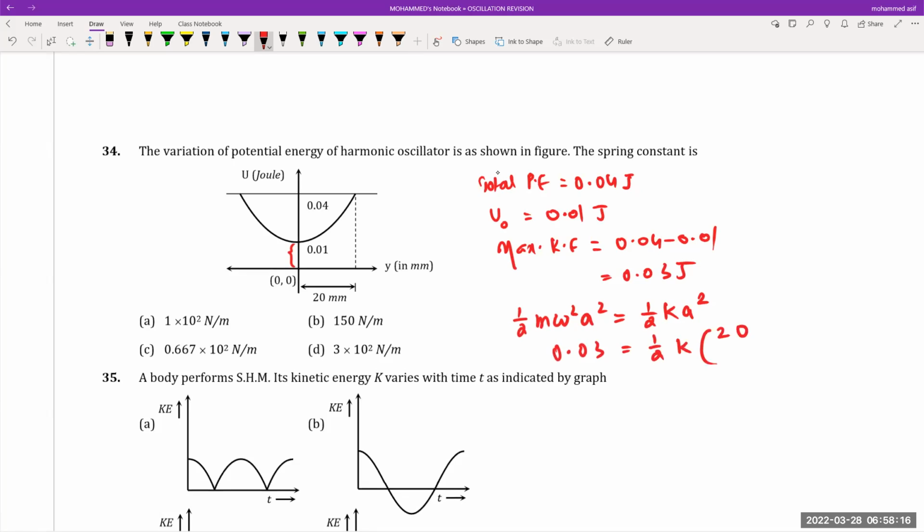So A is given for me as 20 mm, so it is 20 divided by 1000 का whole square. तो उसमें से we can get the value of k. तो k की वैल्यू निकालो, you'll get the answer. यानी कि 2 into 0.03 मतलब 0.06 आ जाएगा, divided by 4 into 10 to the power minus 4, so that will be equal to 150 Newton per meter. D will be the answer.